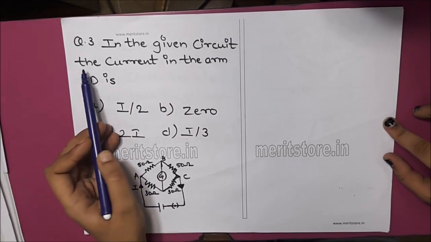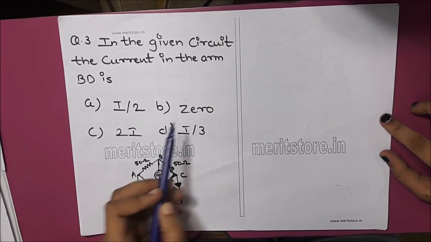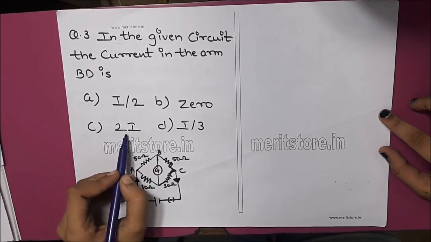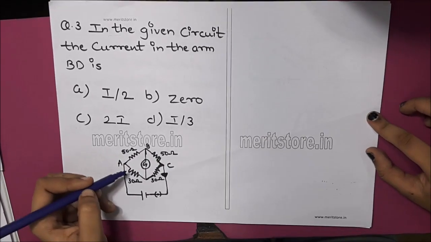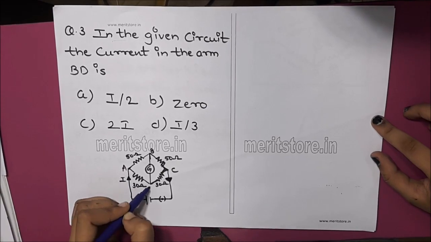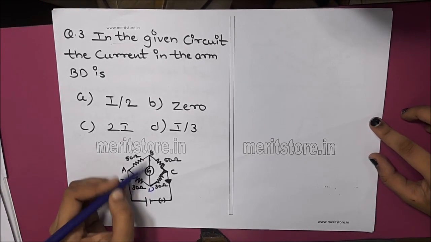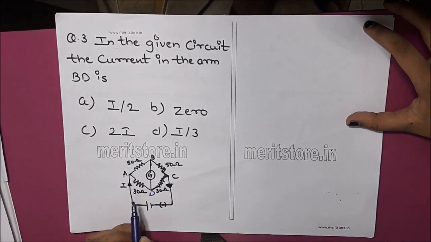In the given circuit, the current in the arm BD is A I by 2, B 0, C 2I, D I by 3. So this is a given Wheatstone's network and they have been asked the current between B and D. As we see, the bridge has 50-50 and 30-30.